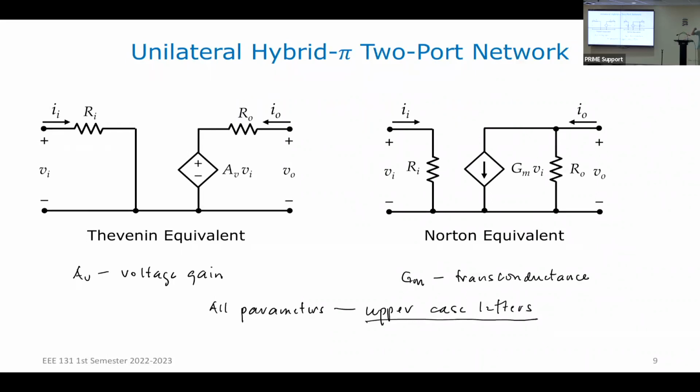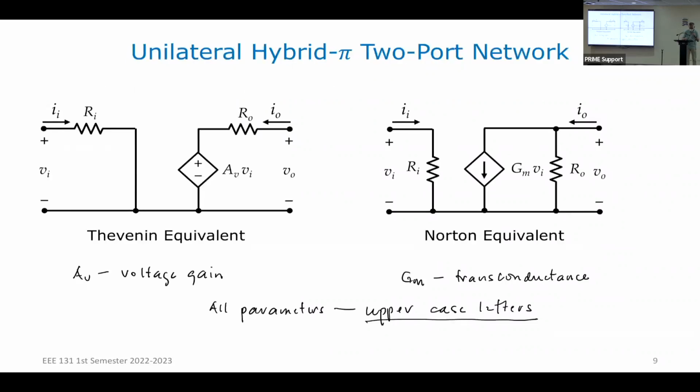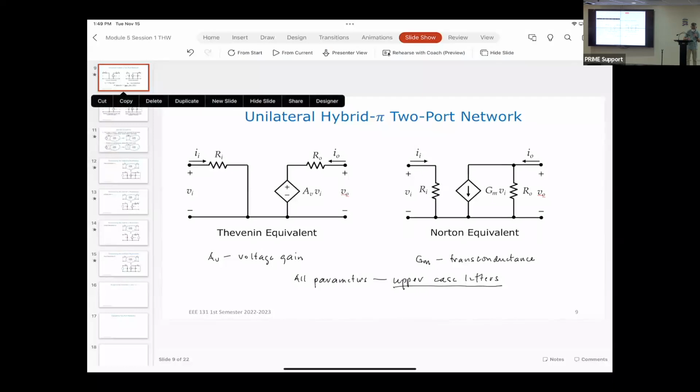Yung RI, yung RO, AV, GM, they're all expressed in uppercase letters. When we took up the small signal model of the transistor, we made it a point to use lowercase letters. Maybe I need another slide, no?